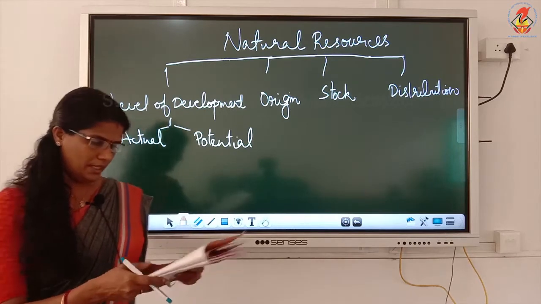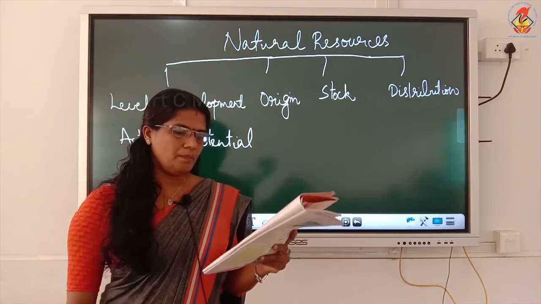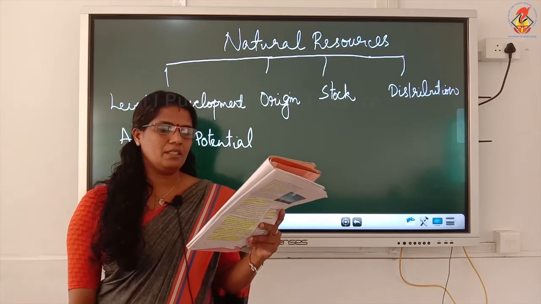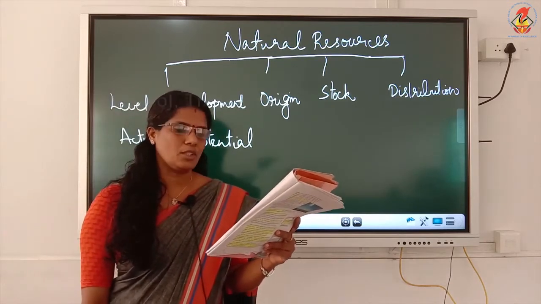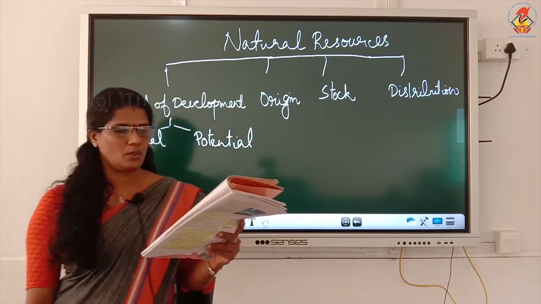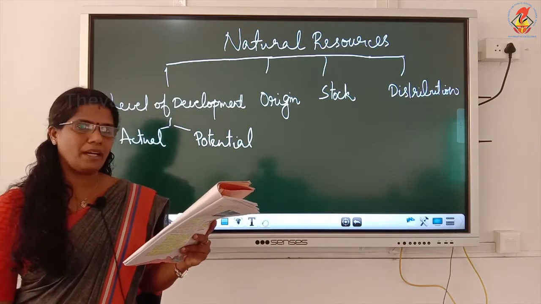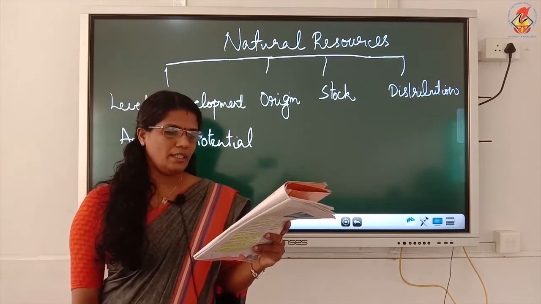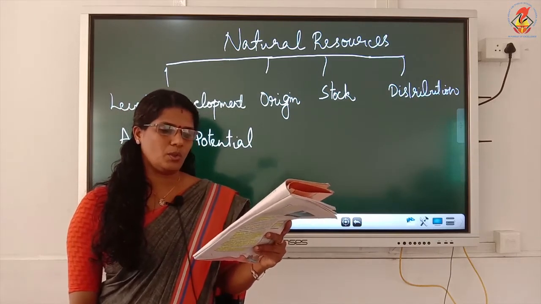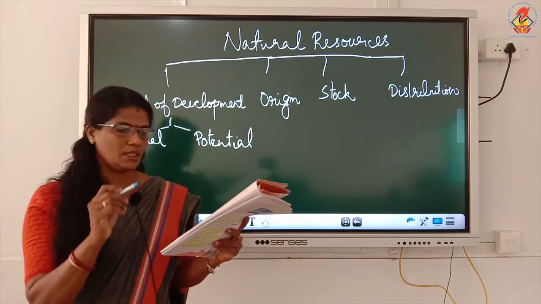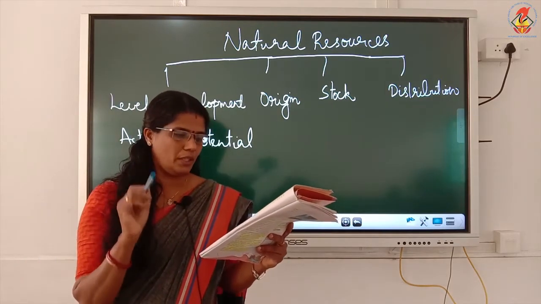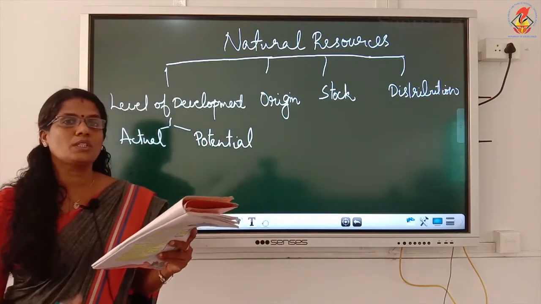So please underline, children. On the basis of level of development, resources can be classified into two groups, actual resources and potential resources. Page number 2, third paragraph. Underline: actual resources are those resources whose quantity is known. First point, quantity is known. Second point, they are used in present.